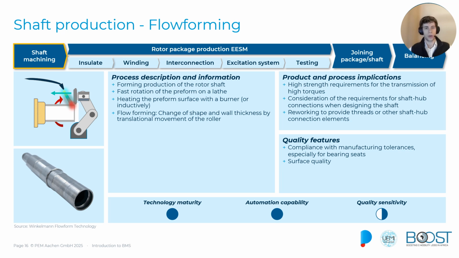As the workpiece rotates, rollers press against it, gradually thinning and stretching the material into the final shaft shape. Flow forming offers high precision and strength, making it ideal for producing lightweight and durable shafts for electric motors.